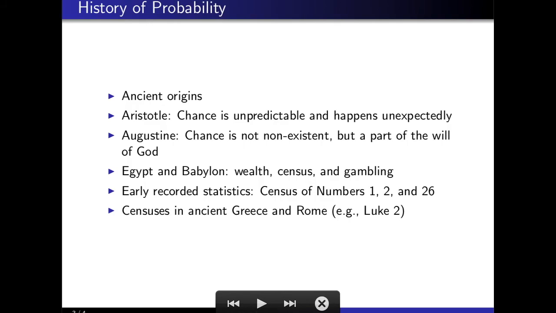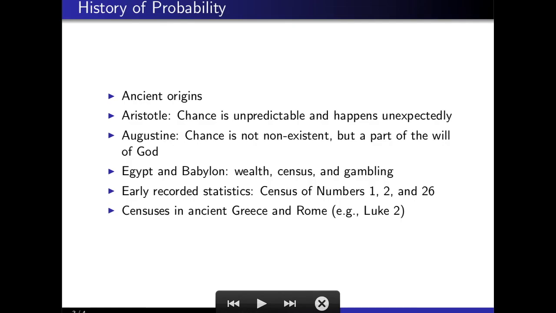And biblically, we see this occurring with the Israelites just after they leave Egypt, after they cross the Red Sea. One of the first things that occurs is there's a census at the beginning of Numbers. And then after the Israelites wander through the wilderness for 40 years, Numbers also finishes with another census as the Israelites prepare to enter the land of Canaan. And this is some of the earliest recorded statistics that we actually have.